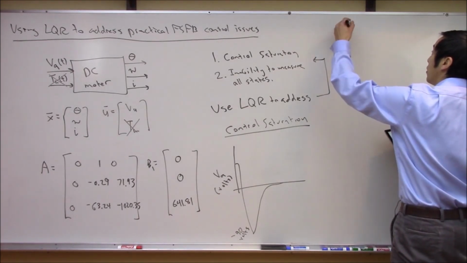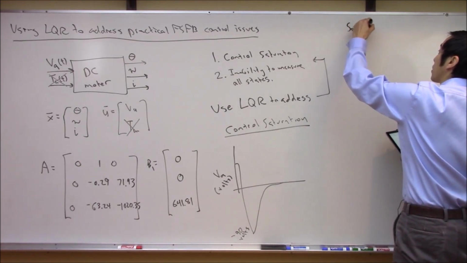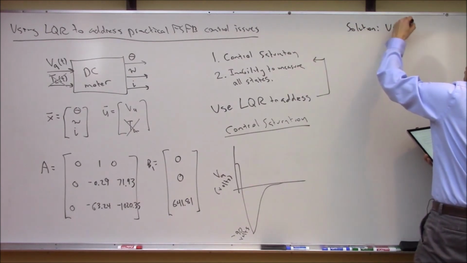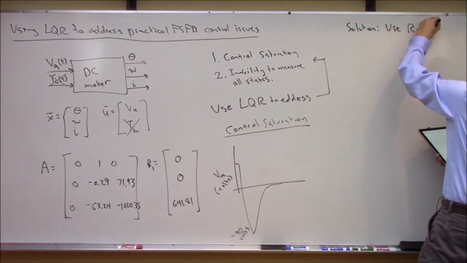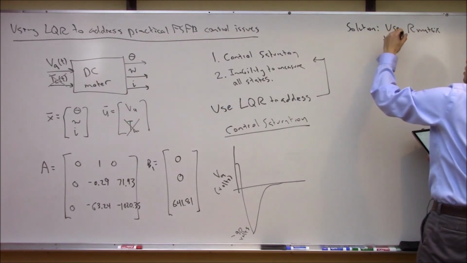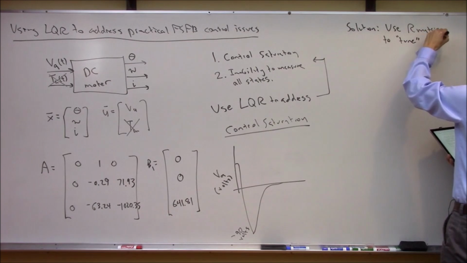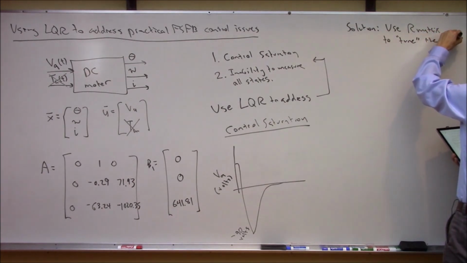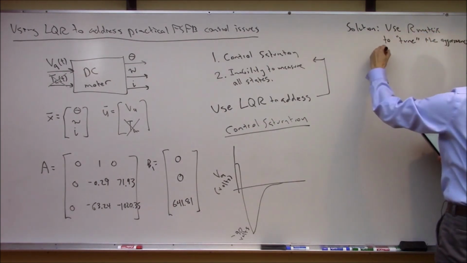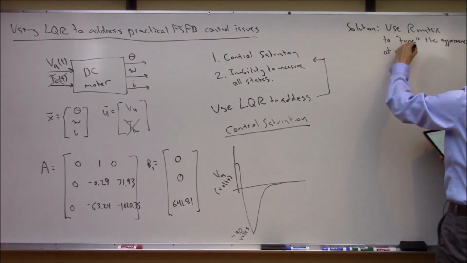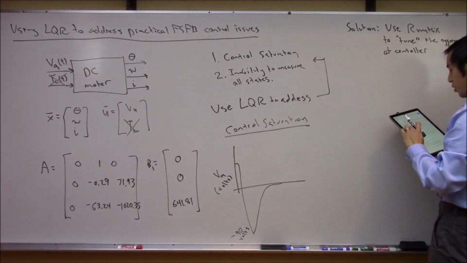So the solution is just to use the R matrix to tune, quote unquote, the aggressiveness of the controller. Just as an example, I'm going to run some numbers.